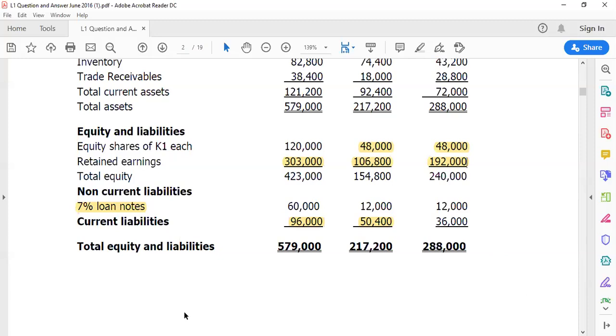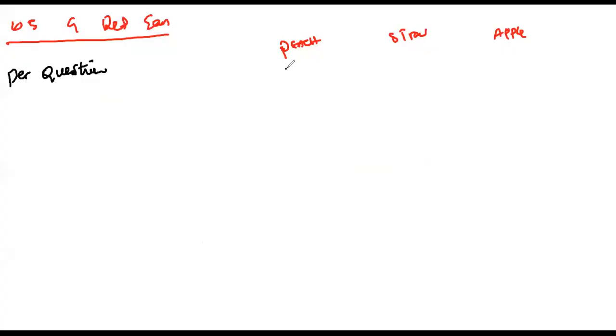The parent came with 303. The subsidiary 106,800. The associate 192,000. Now remember what we said.